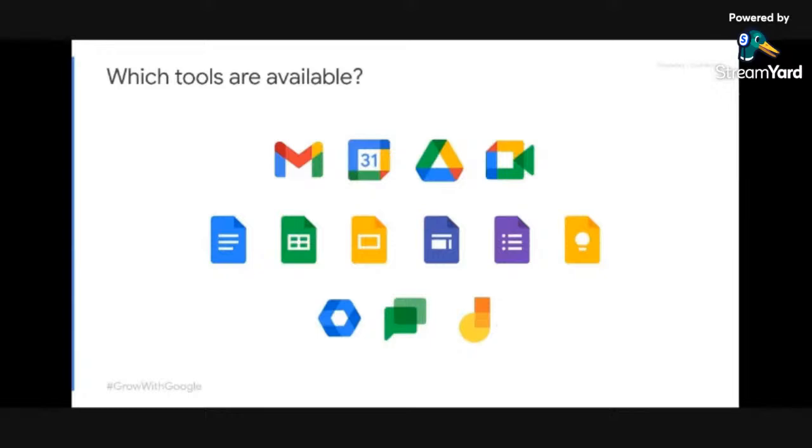But note, there are a few other tools included, such as Google Current, which we'll discuss a bit later on. But these tools are the main ones found in Google Workspace.